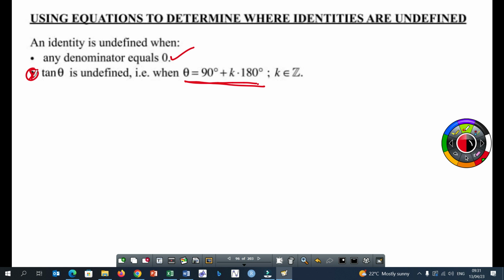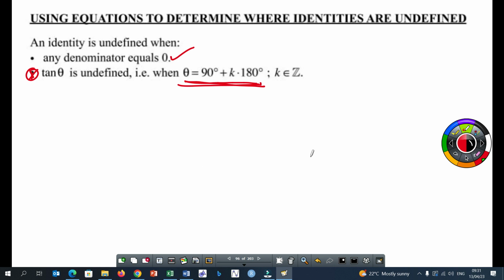If you get a question which has got an identity, and the identity involves tan, and you're asked to determine values of theta or x such that the identity is undefined, as long as there is tan, whether in the numerator or denominator, this will be true. Okay. So how do we apply that?